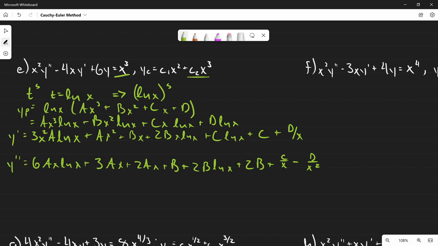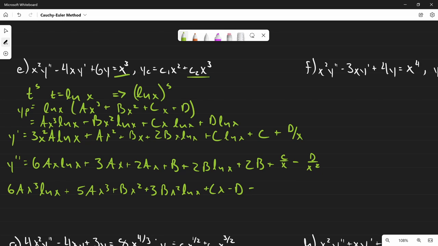So this would be 6a x cubed natural log of x plus 5a x cubed plus b x squared plus 2b x squared natural log of x, plus c x minus d, minus 4 times x.